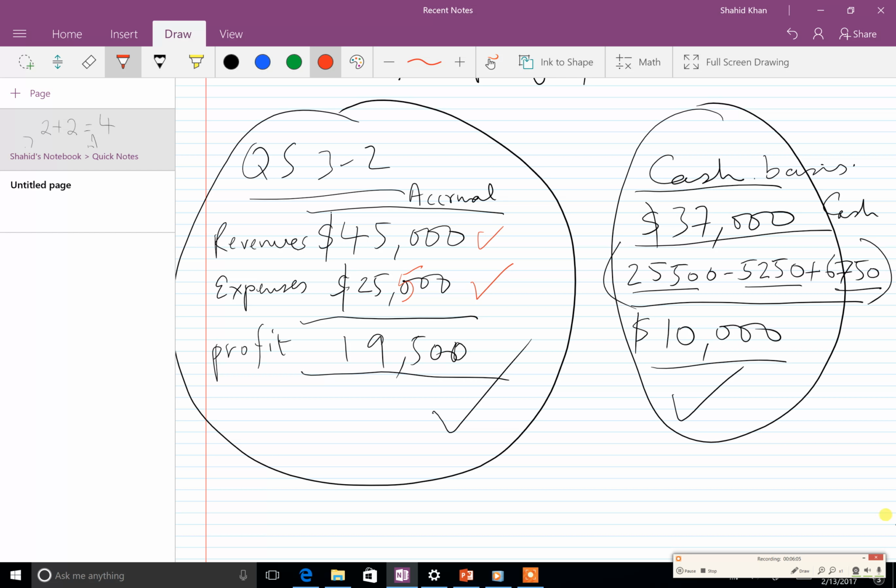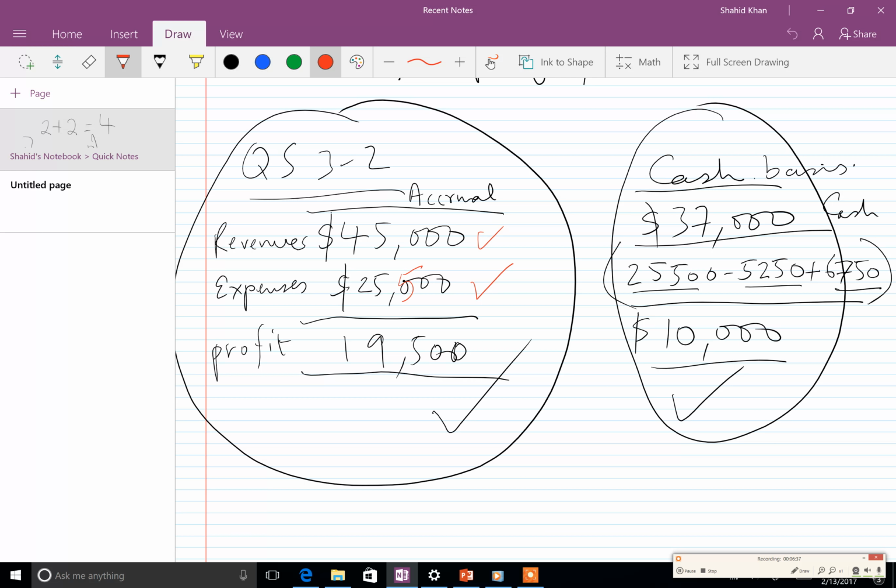Why are they different? Because the first one, the accrual basis, only looks at the revenues that are earned, the services provided, and the related expenses that were incurred in order to earn that revenue. So you have to look at this definition very carefully. While on the cash basis, it's the total amount of cash. You don't care if you have done the service or not. You just incorporate the whole $37,000.